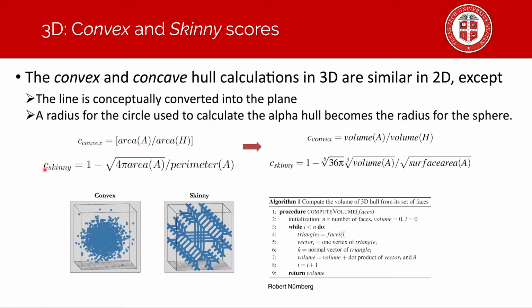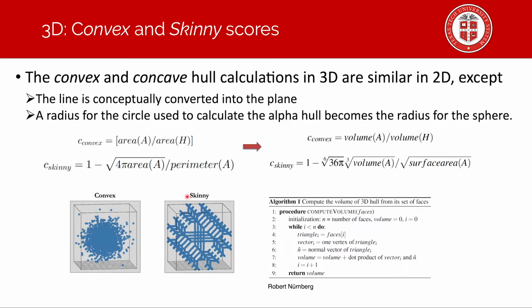For the skinny score, we consider volume and surface instead of area and perimeter. Also, we adopt constants here to make sure that the sphere will have a skinny score of 1. Here are 2 exemplar plots for the convex score in 3D and the skinny score in 3D.